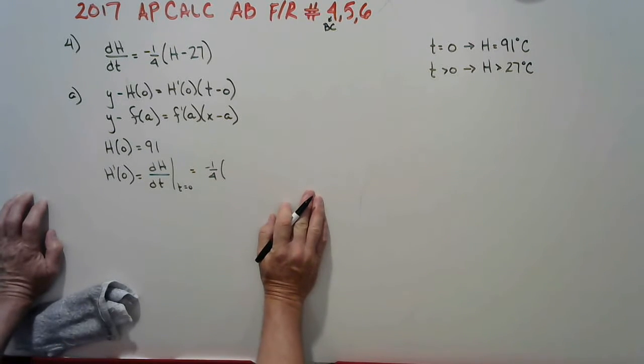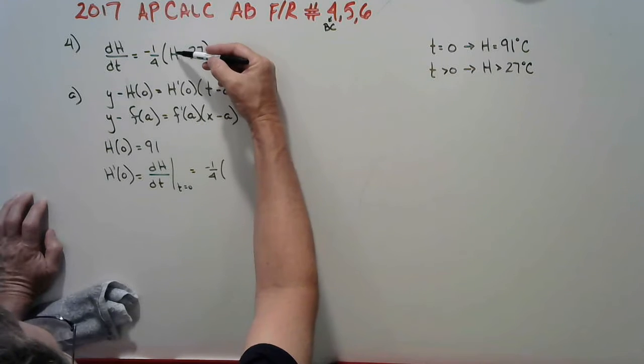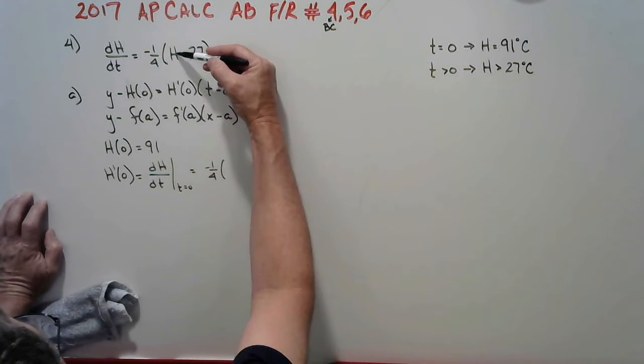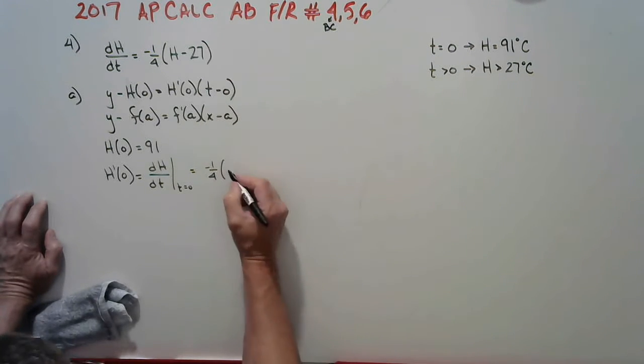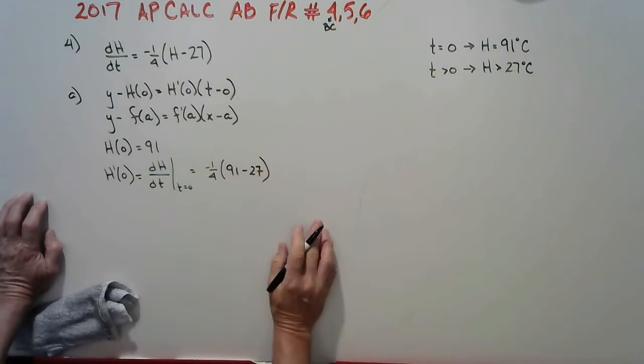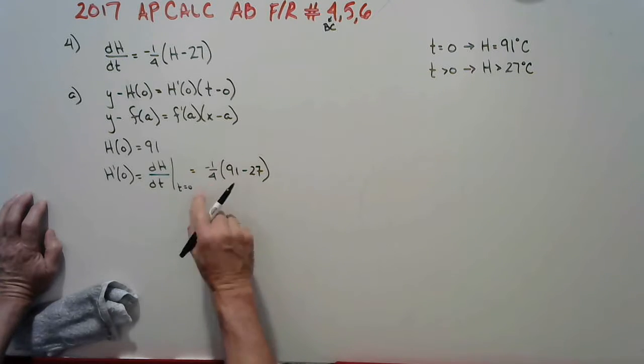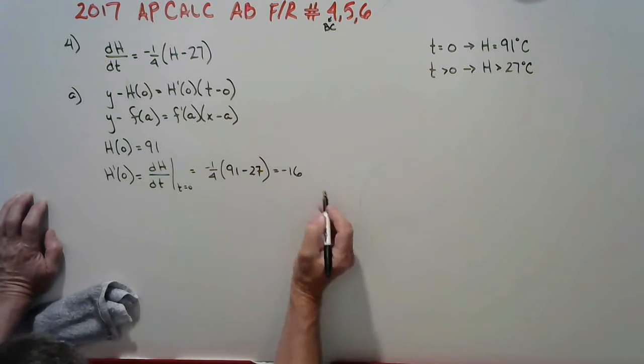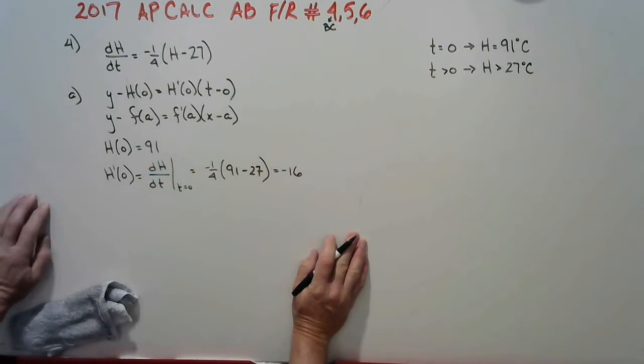We get -1/4 times the temperature at time 0. H goes here, so that's going to be 91 minus 27. 91 minus 27 is 64. A fourth of 64 turns out to be -16. So now we plug these in. What do we get?